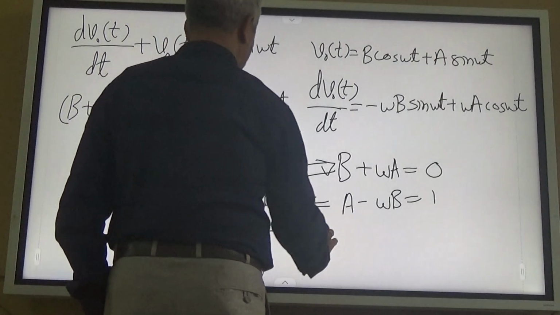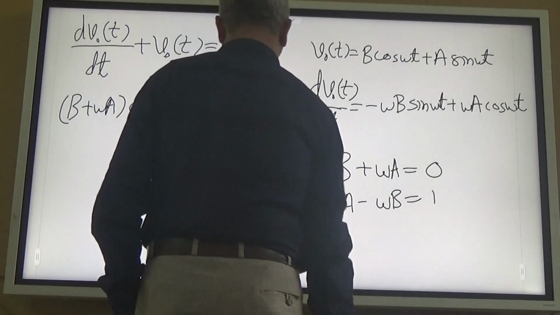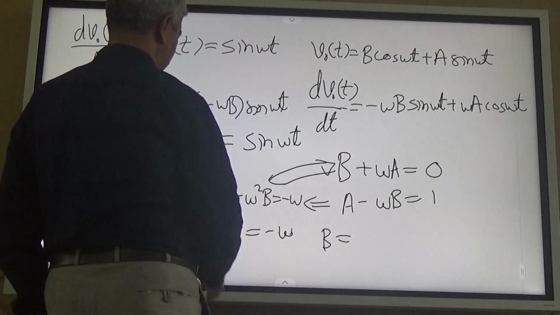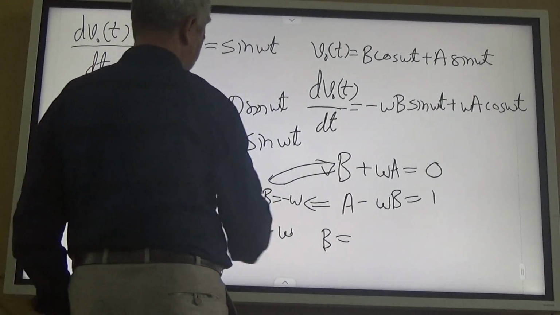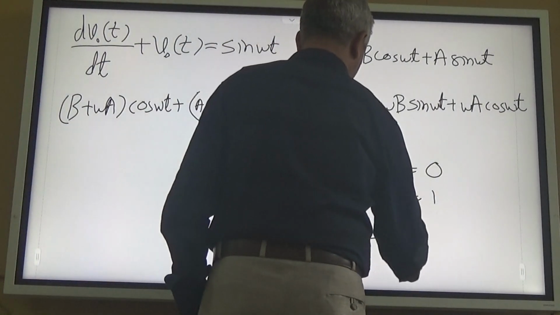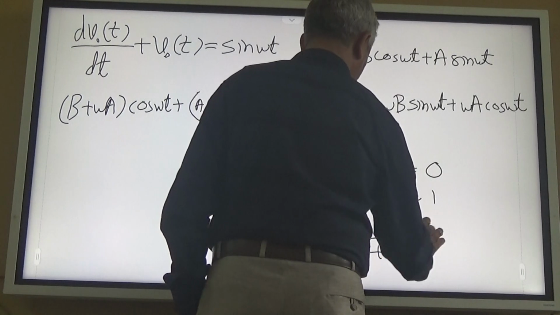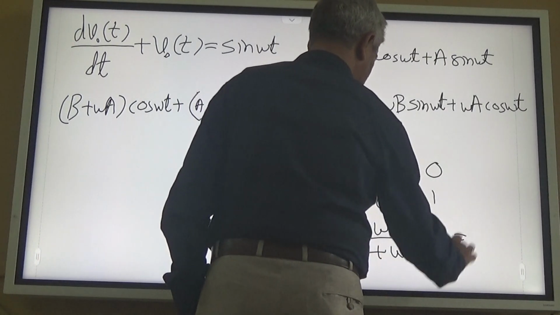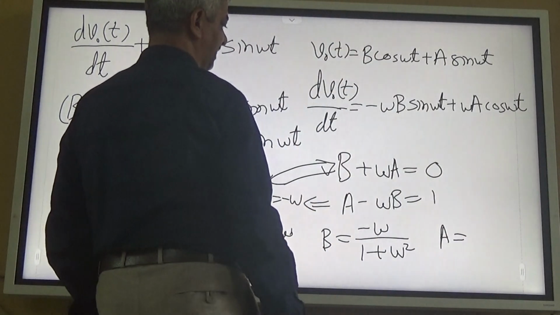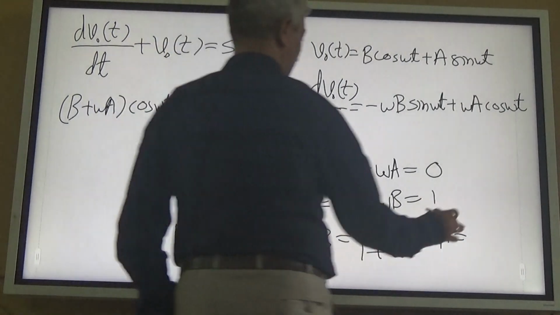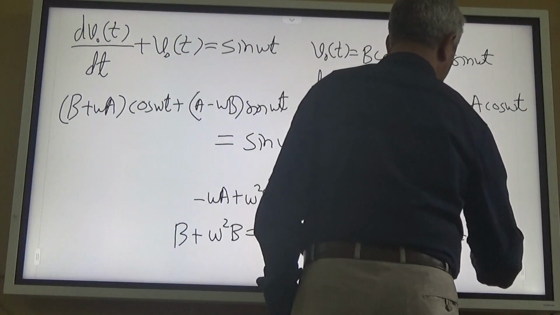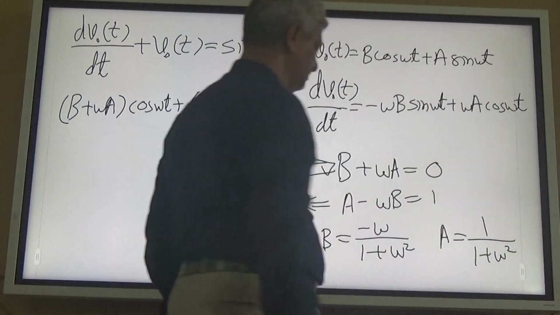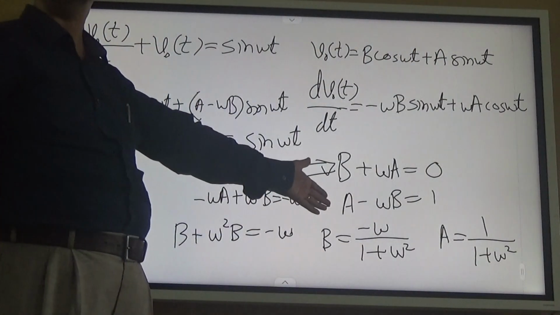So that gives me B as minus omega upon 1 plus omega square, and that gives me A as 1 upon 1 plus omega square. Is it right? Is it okay?